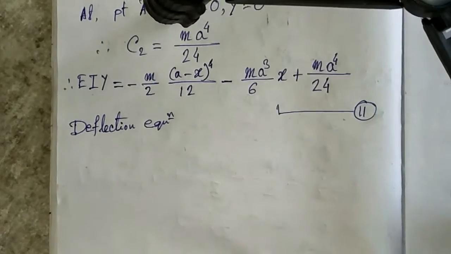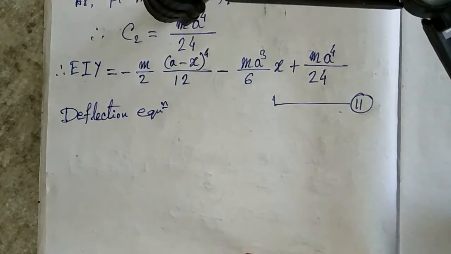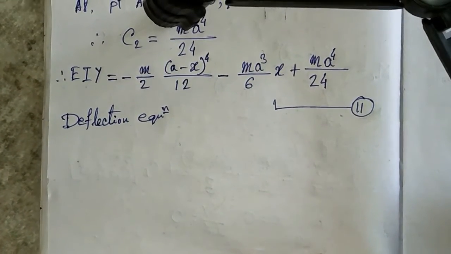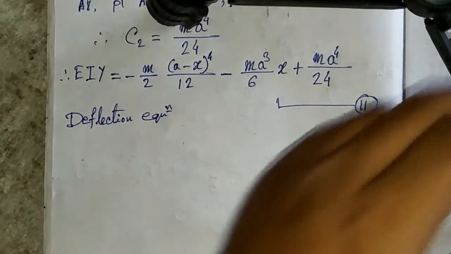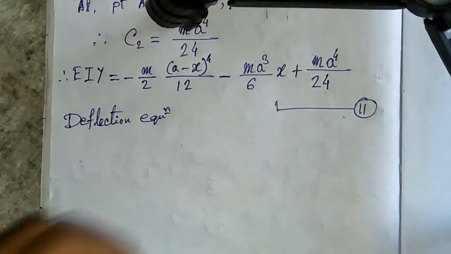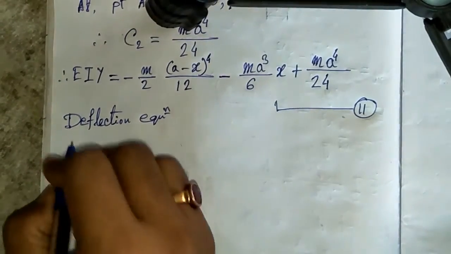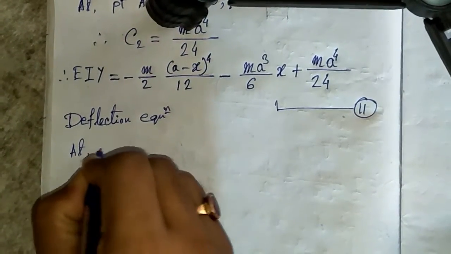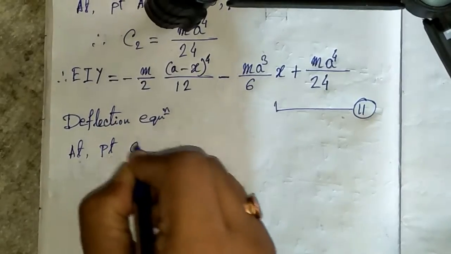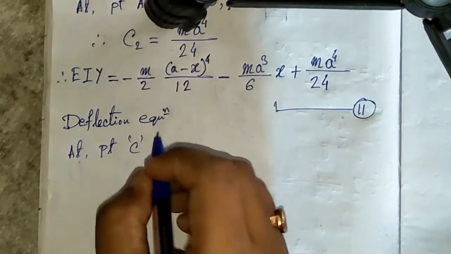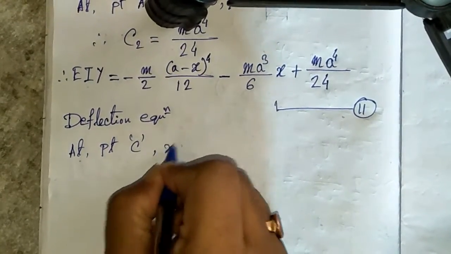Now, to find out the deflection at point C, we have to substitute the value of x. At point C, the value of x is a.